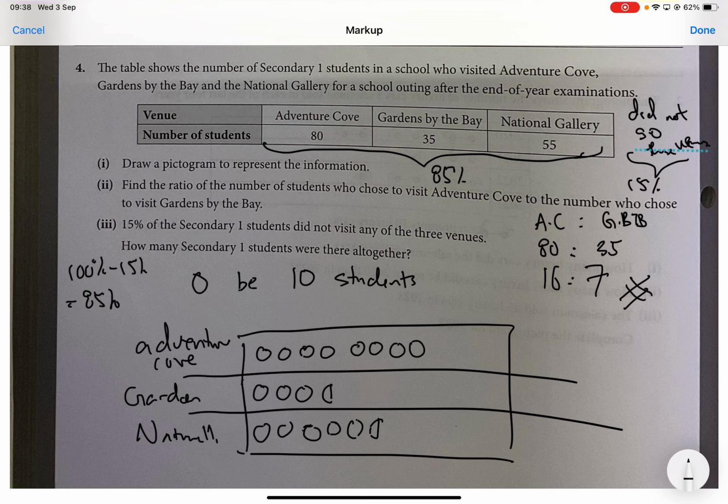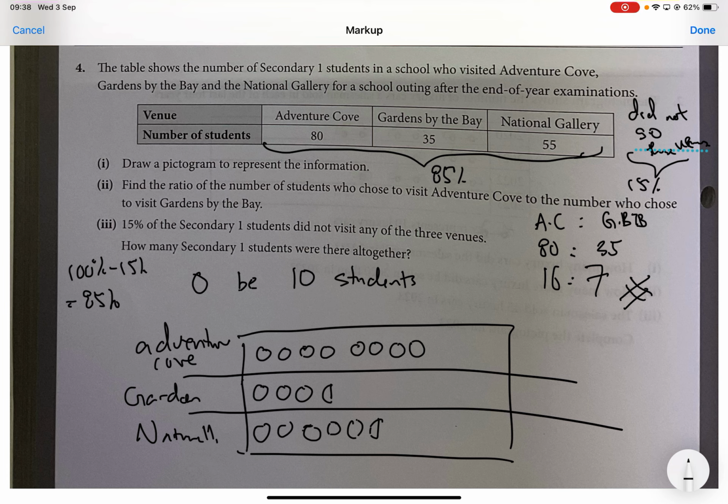Understand? So for here, they are actually telling you this. Here is 85%. Never go is 15%. Okay? So you must be able to connect all this information together. That is the difficult part. Reading the numbers, all this is very easy.